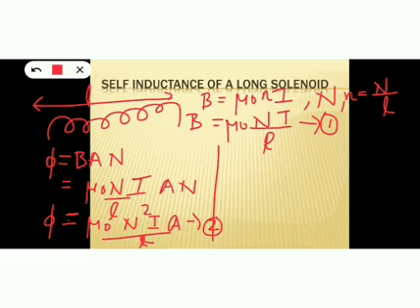Also, we had studied that the total flux phi is equal to L into I. Let this be our equation number 3.